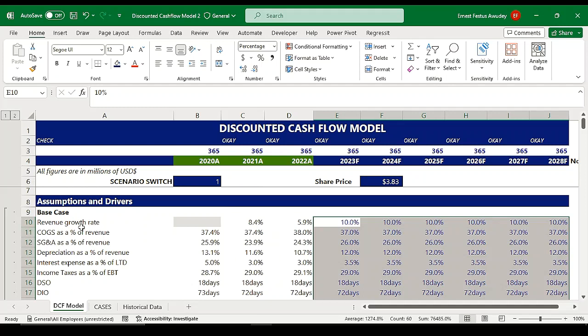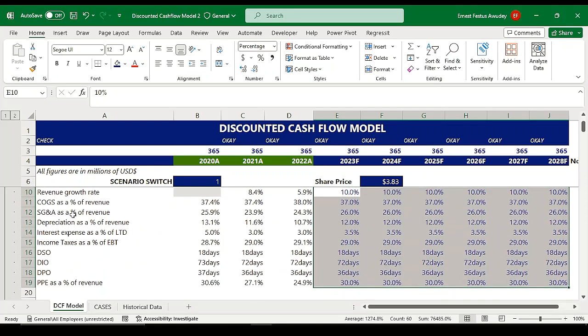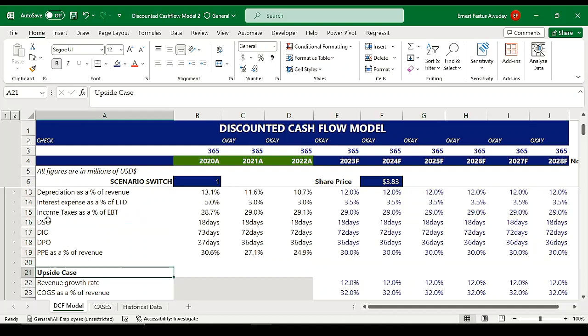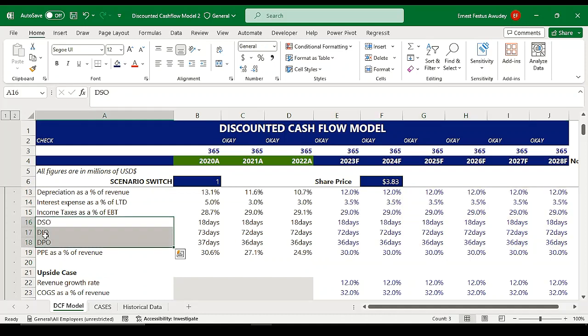So what are some of the ratios? As I said, revenue growth rates, the COGS as a percentage of revenue, and SG&A as a percentage of revenue. Most of the income statement items are as a percentage of revenue items.